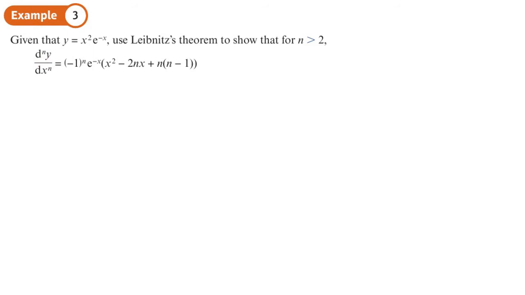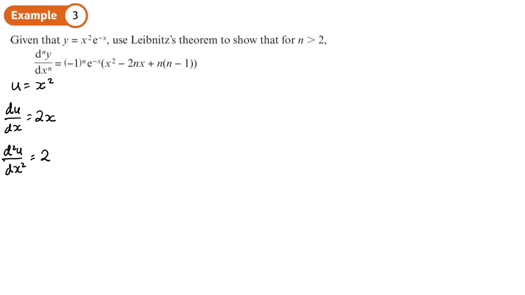So let's start with the u part of our product, which is going to be x squared, and then we'll work out the first derivative, which is 2x, the second derivative, which will be 2.